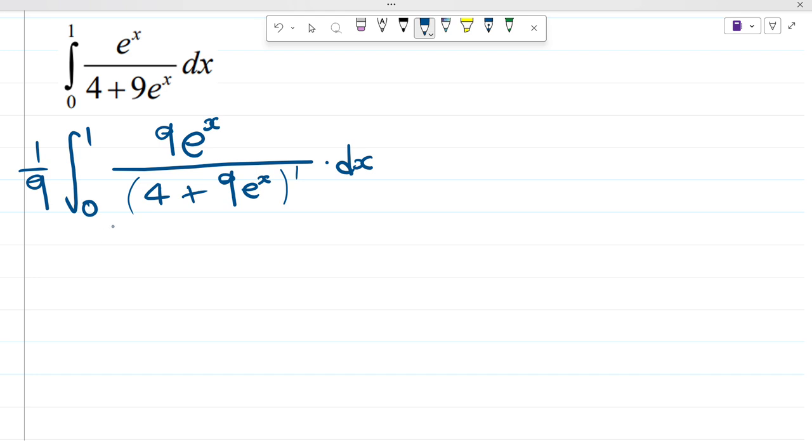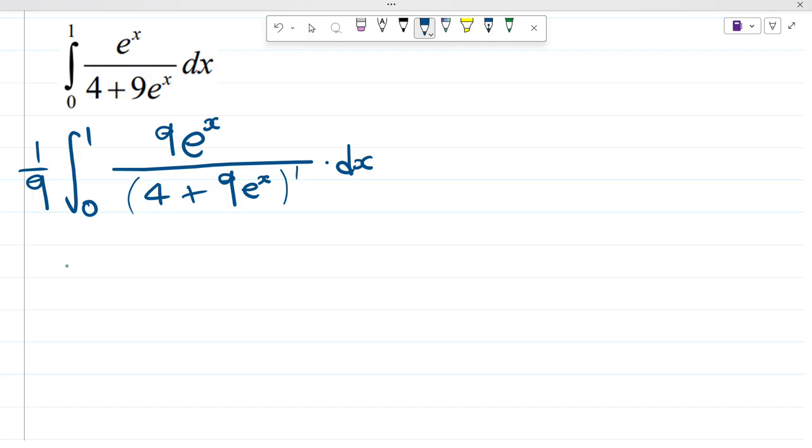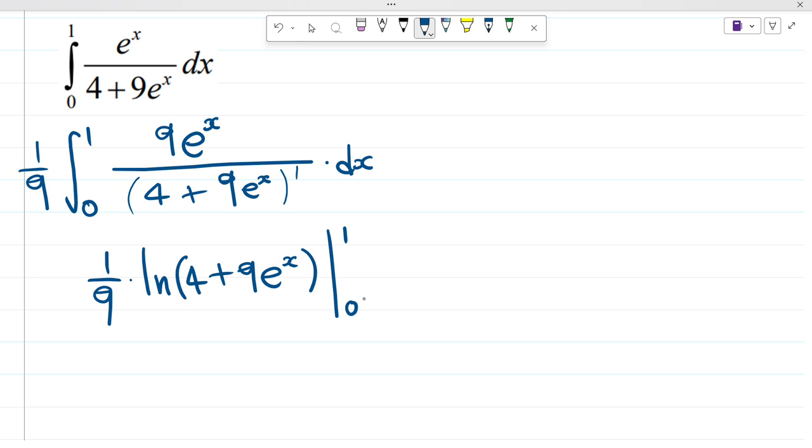Now that I have the derivative of the denominator on my numerator and my denominator is an exponent of 1, I can use the general log rule. I'll take the 1 over 9 with me to my answer, and this is equivalent to natural log of 4 plus 9e to the power of x, with my limits being 1 and 0, and then I substitute my limits from there.